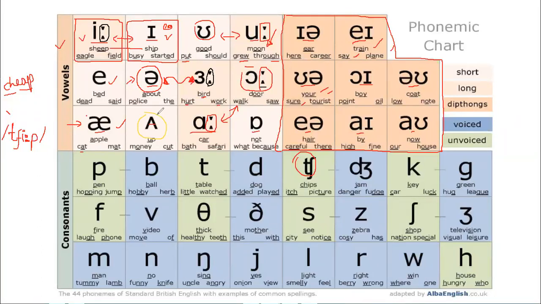Up is vocal A, okay? Vocal A, ni un problema. Money, cut. Pero si nos vamos a Manchester con el acento de Mancunian, para ellos es O. Entonces es up, es money, and es cut. Ese tipo de variaciones van a depender del lugar donde vive esta persona, y seguramente esa persona vive en otro lado, que no es el área céntrica.